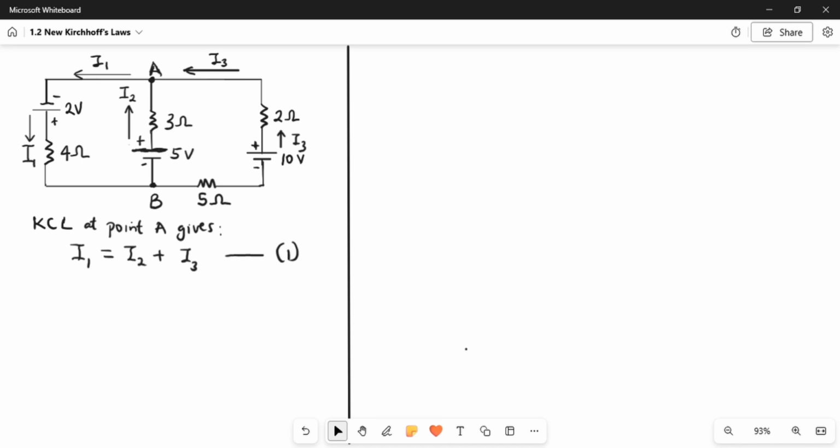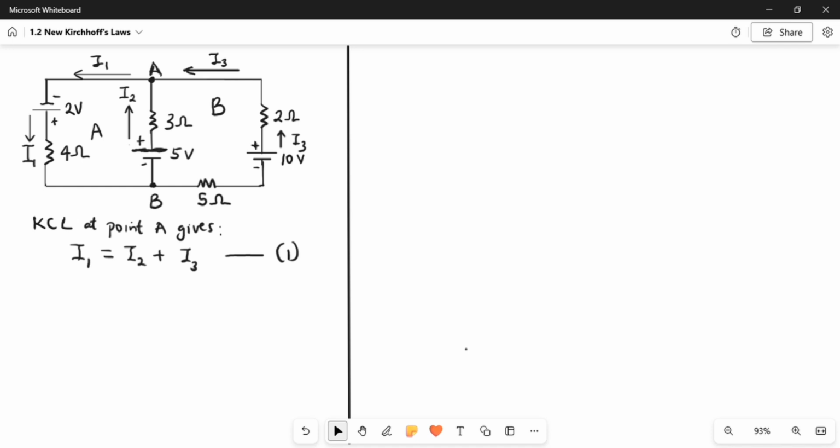Now, having satisfied yourself with getting the right expression for the current law, you move on to apply Kirchhoff's voltage law in both loops. In this case, we are having two loops here. Let's call this one loop B and let's call this one loop A. Now, in applying KVL, we have to assign an arbitrary direction of current flow.